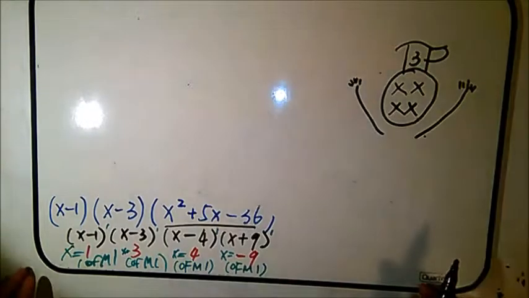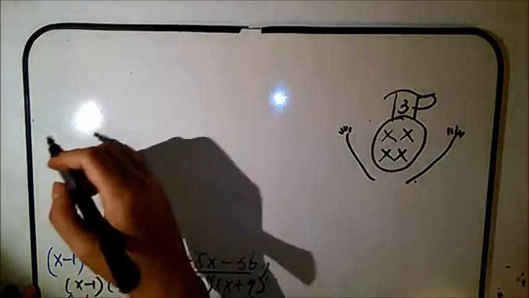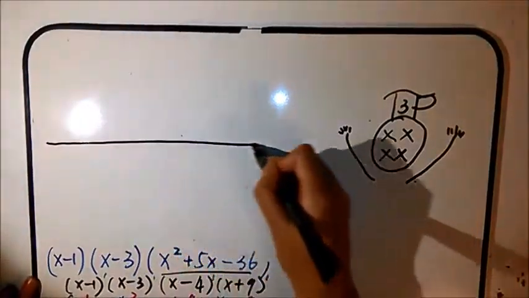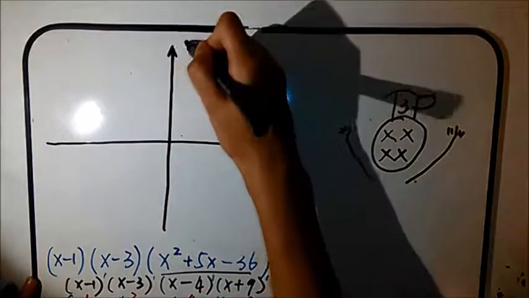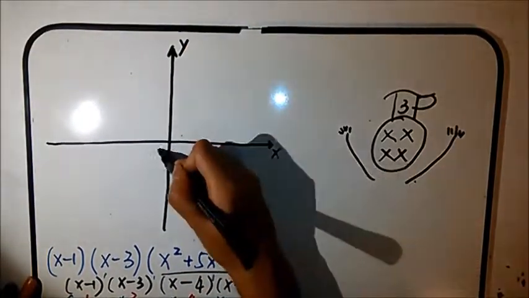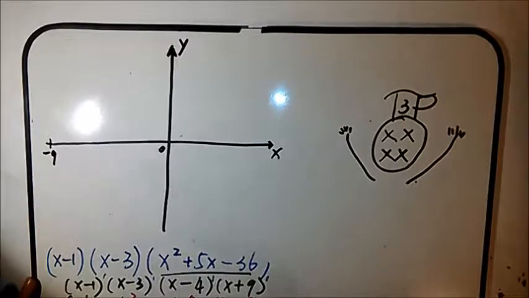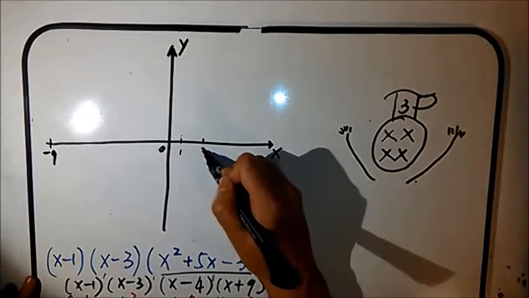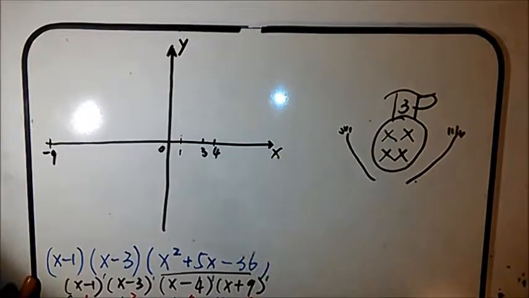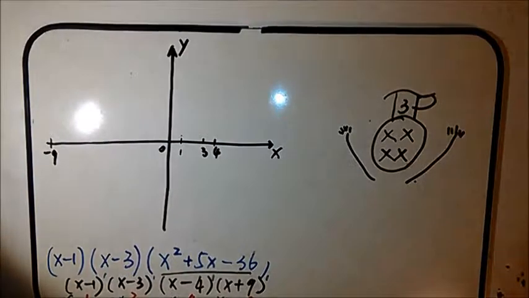Now we're going to draw a graph. Put a graph there. Big graph. All right. And we're going to put -9, 1, 3, and 4. And the last thing we have to do before we graph it is find the y-intercept.